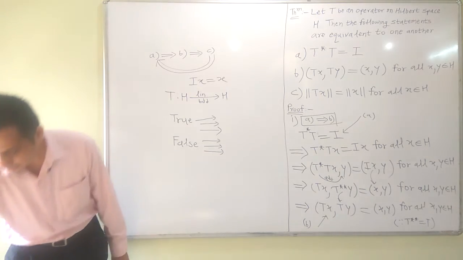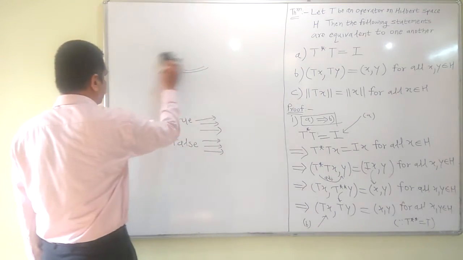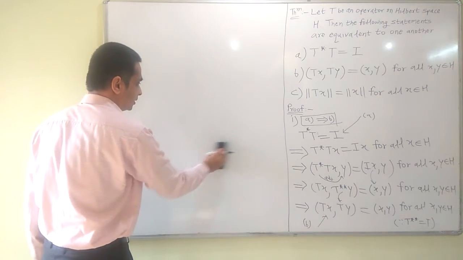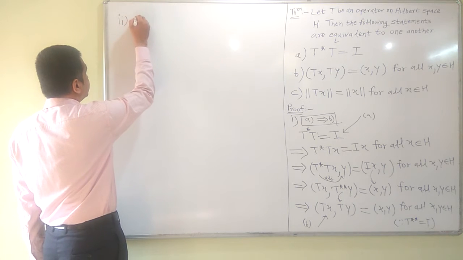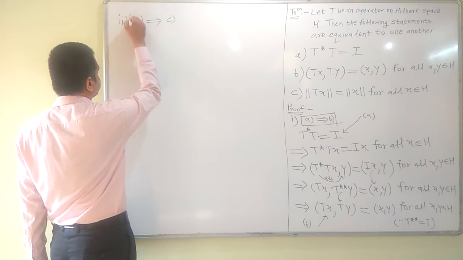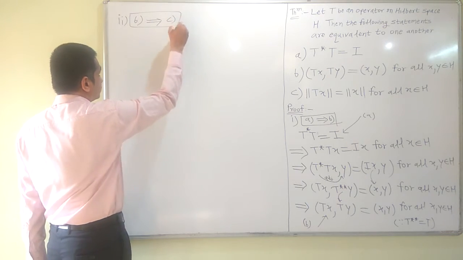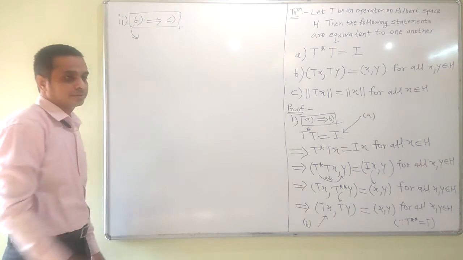Now let us prove B implies C. It is fairly simple to prove the result B implies C. So let us begin with statement B, which is our hypothesis.